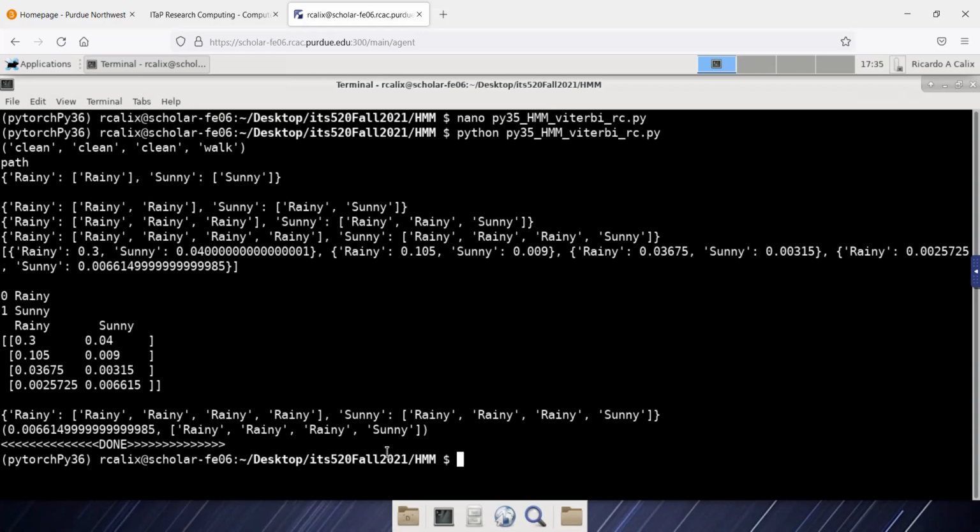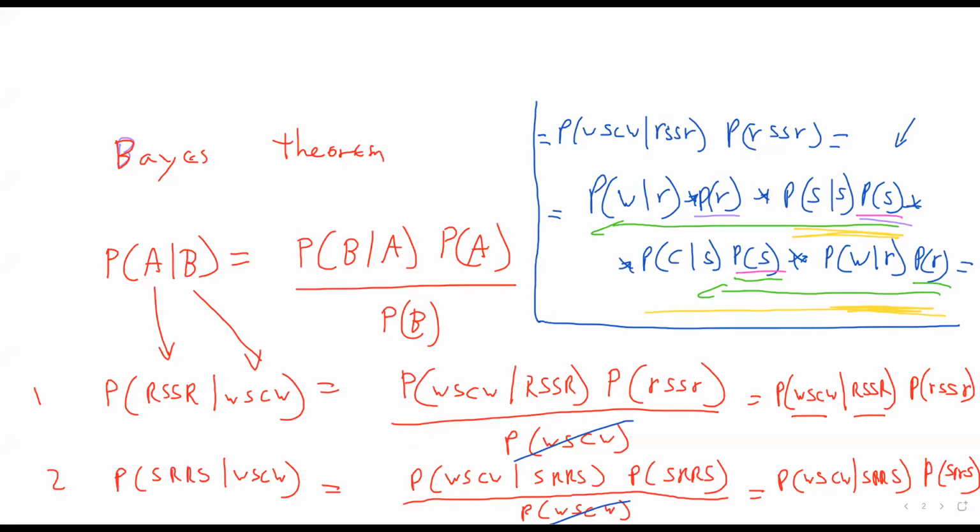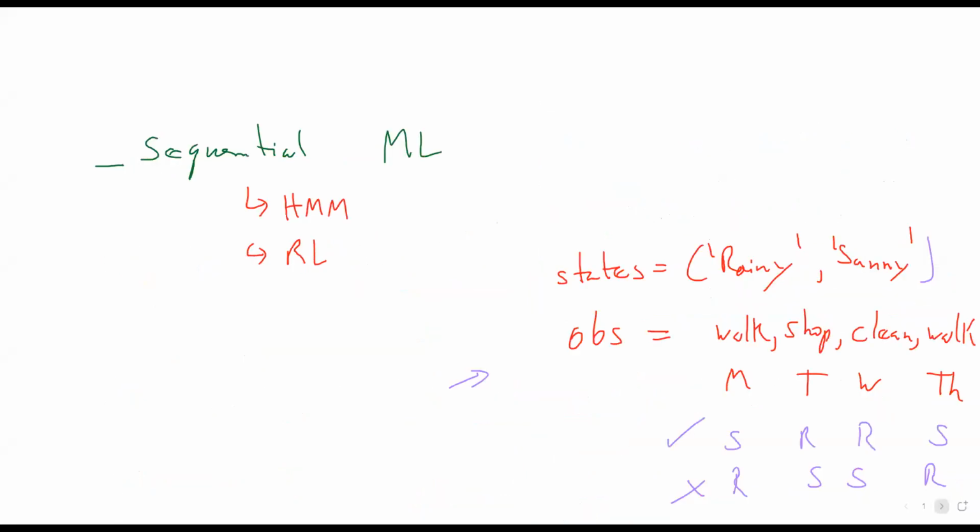All right, so that is basically all for hidden Markov models. This is the first of our sequential models, as I said. So hopefully it made sense. It's a very nice framework. In conclusion, we have a problem like this: given walk, shop, clean, walk, we want to predict sunny, rainy, rainy, sunny. We need two things for this.